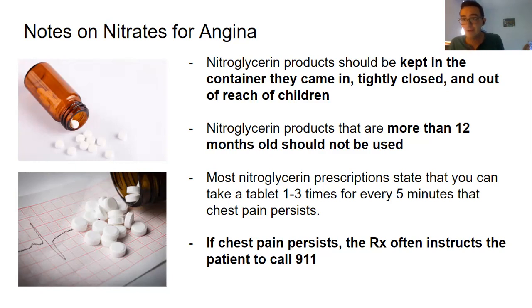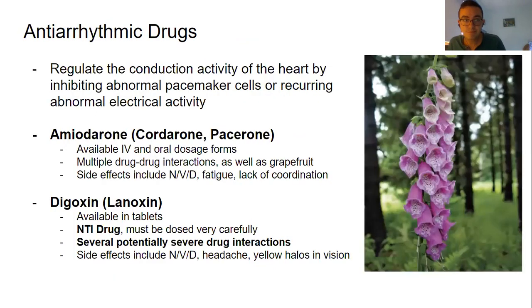So if you take one, you wait 5 minutes, the chest pain is still there. You put another one under your tongue, you wait another 5 minutes, chest pain is still there. If the chest pain keeps persisting, the prescription then often instructs the patient to call 911 because that's a sign of maybe a heart attack or some other cardiac event that would require some specific medical care.